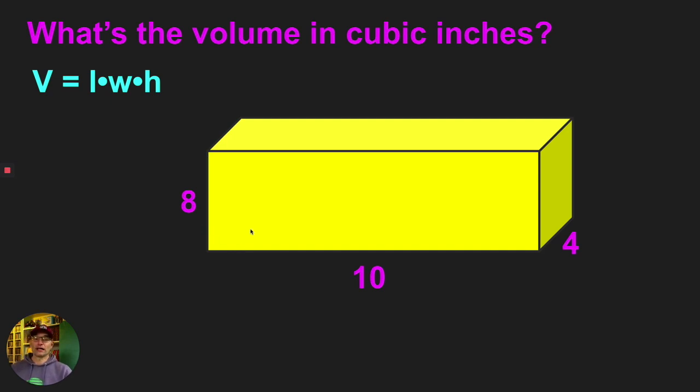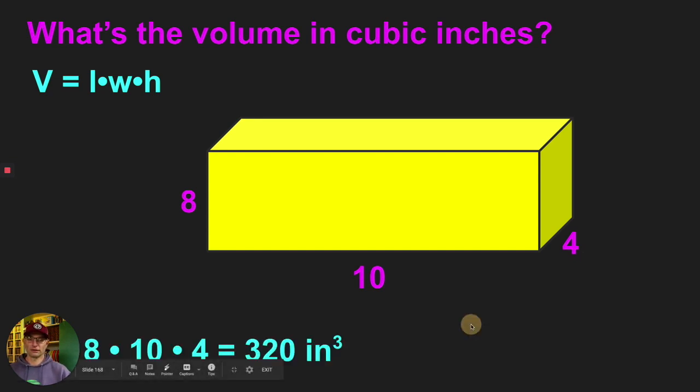So what is the volume of this shape, this rectangular prism, in cubic inches? You're going to multiply all 3 numbers. Ready, go. All right, so what you should have done is 8 times 10 is 80, and 80 times 4 is 320.